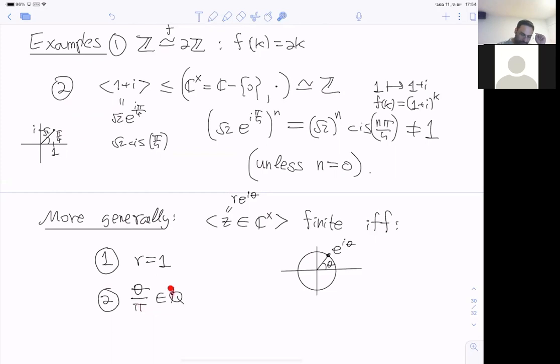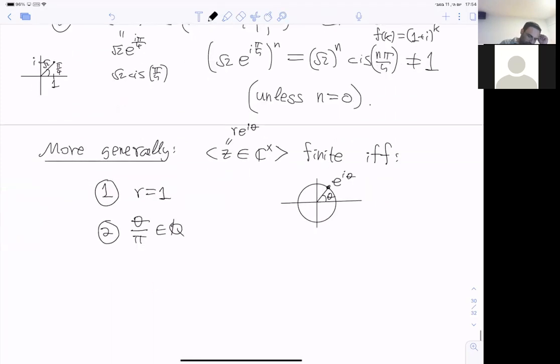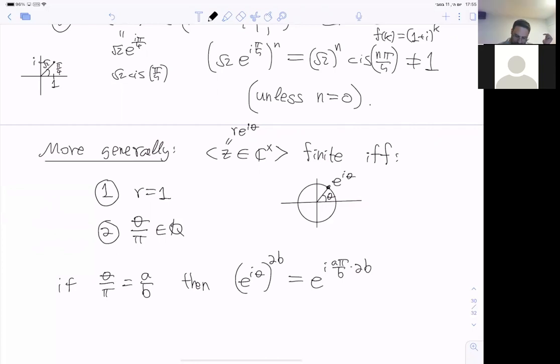If it is, for example, a divided by b, then e^{i theta} to the power of 2b, which is an integer, will be e^{i (a/b) 2b pi}, and this is e^{2 pi i a}, which is 1. So these are the two conditions.